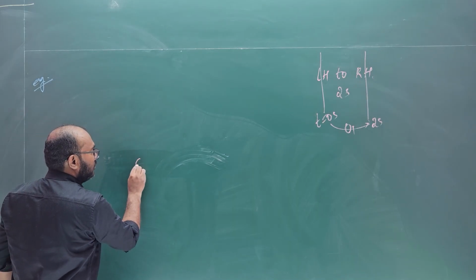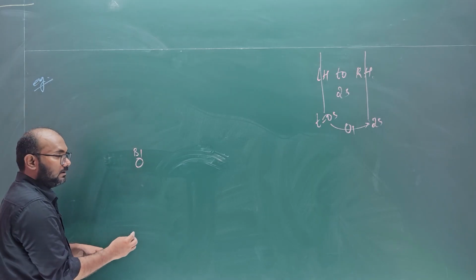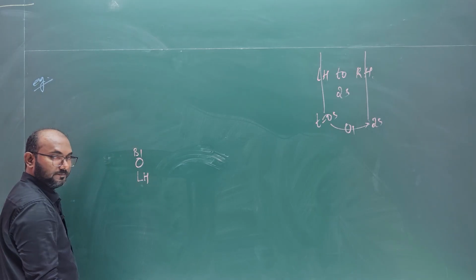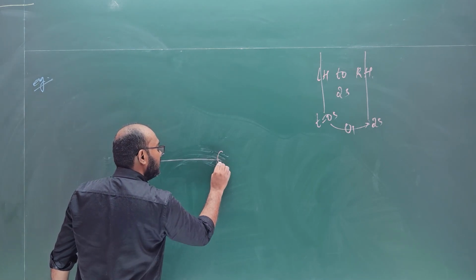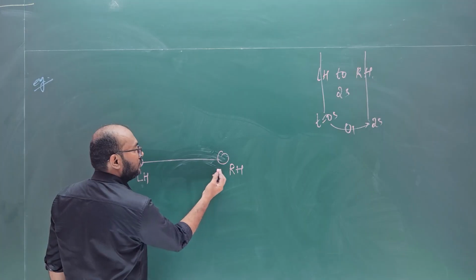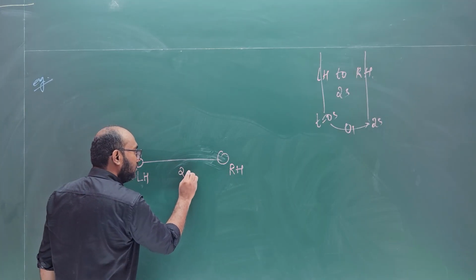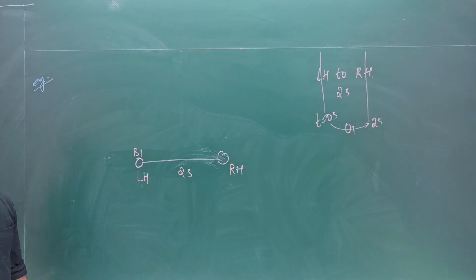Consider I am holding a ball. So ball number 1 is in my left hand. I throw this ball into my right hand. From left hand to right hand, it takes a time period of 2 seconds.